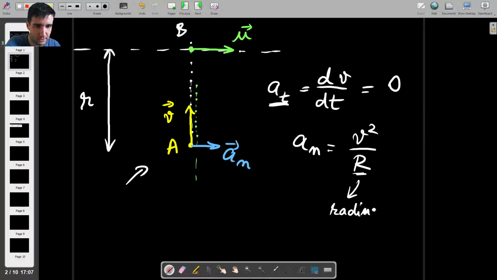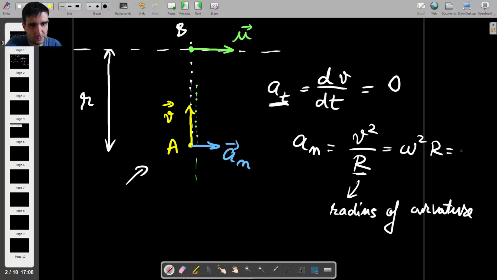So this is the radius of curvature. Note this is not the same as lowercase r because that's just the distance between the dog and the cat. And this is also omega squared r or omega v. And it will turn out that this is actually the formula that will be easiest to use in our case.